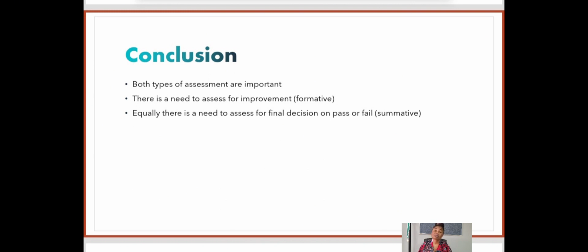It's also very important for lecturers to give summative assessments because it will help them understand whether the student has met the requirements in terms of the course objectives and whether they qualify to either graduate, move on to the next step of their academic journey, or whether they are indeed qualified to be awarded.